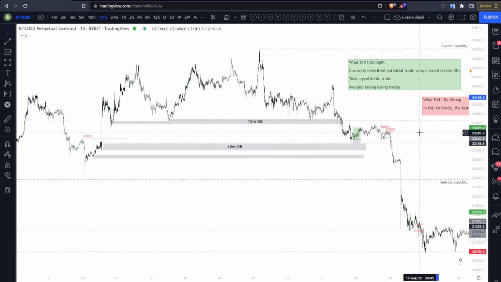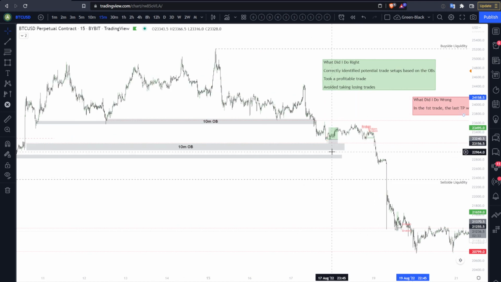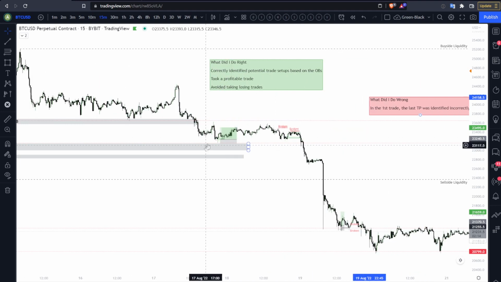Next thing, I did not take this trade just because I was expecting the price to really reach the gray rectangle of the order block. Now, this didn't happen, at least not on this trading pair. Although what did happen here was in the area where I was expecting a potential trade setup, there was a market structure shift, so I should have taken the trade from here.